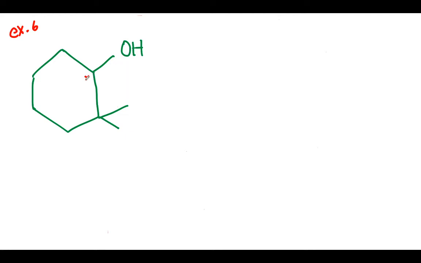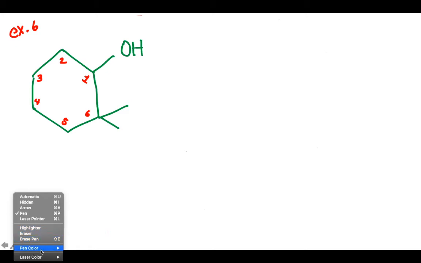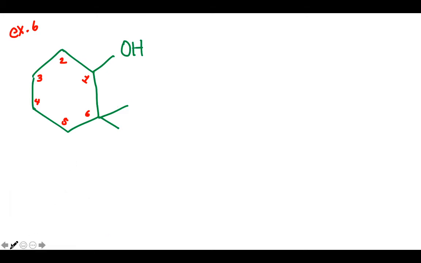So I'm going to call this carbon number 1, 2, 3, 4, 5, 6. Okay, that's one way of naming it. My other way of naming it is, let me see if I can find a different color, 1, 2, 3, 4, 5, 6. So one of these is better than the other, but we'll talk about that after we name our parent.